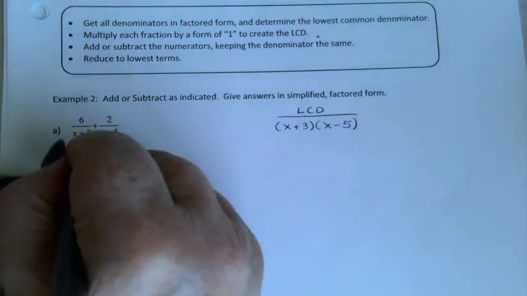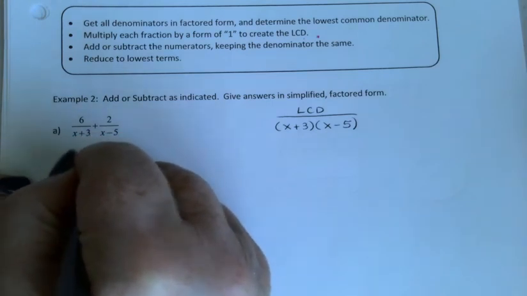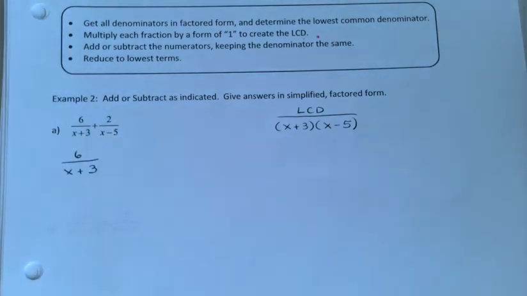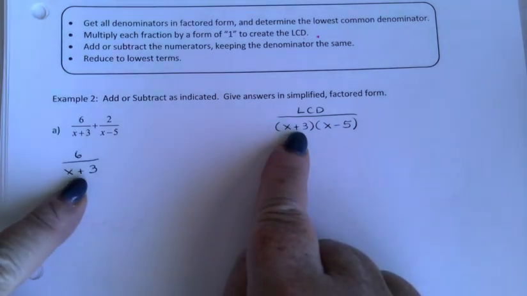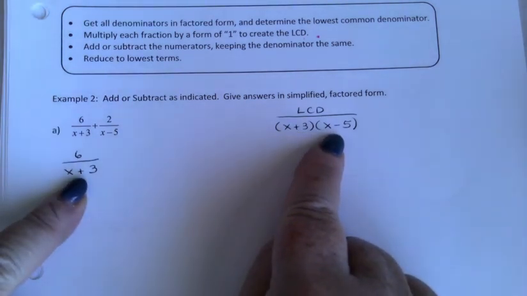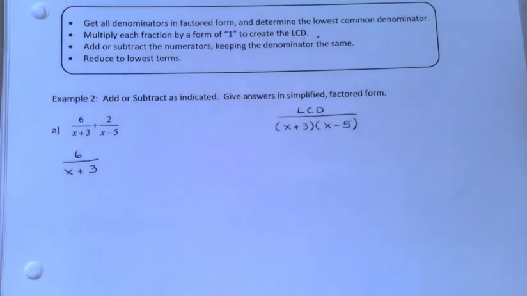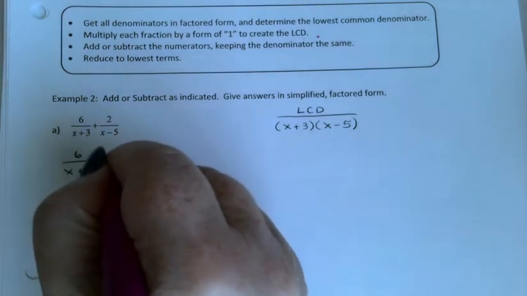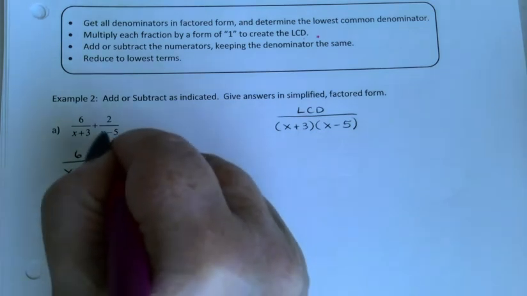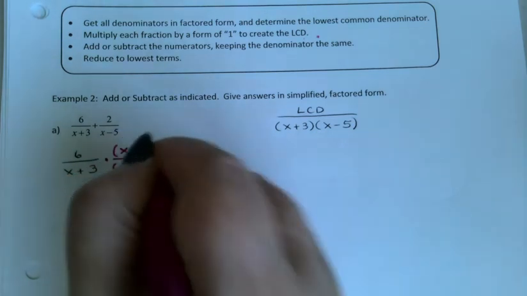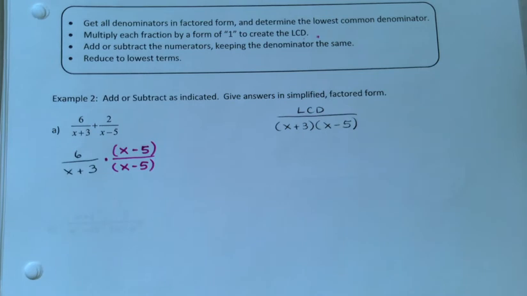I take my first fraction, 6 over x plus 3, and comparing that to the LCD, what's missing is that x minus 5 factor. So I'm going to multiply by x minus 5, again top and bottom, because it has to be a form of 1.